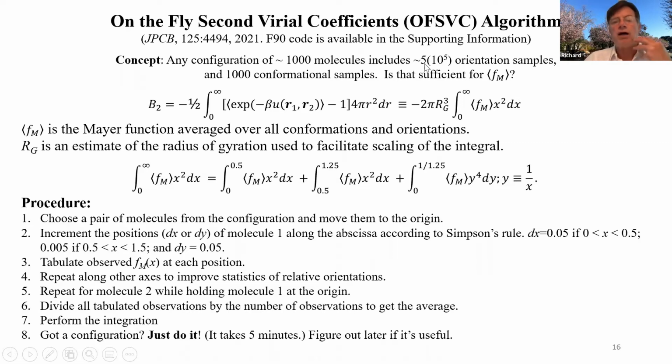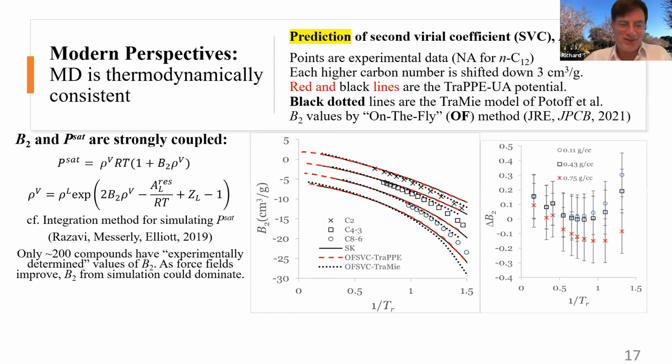You get a large number of orientational samples and actually a sufficient number of conformational samples that you can just take any configuration that's been equilibrated and calculate your second virial coefficient from that. It takes about 5 minutes, and it gives you a lot of insight into these molecular interactions. It's also a very good educational exercise because you're just looking at how two molecules interact, and if you understand the force field between those molecules, you can calculate this quantity. It's very, very easy.